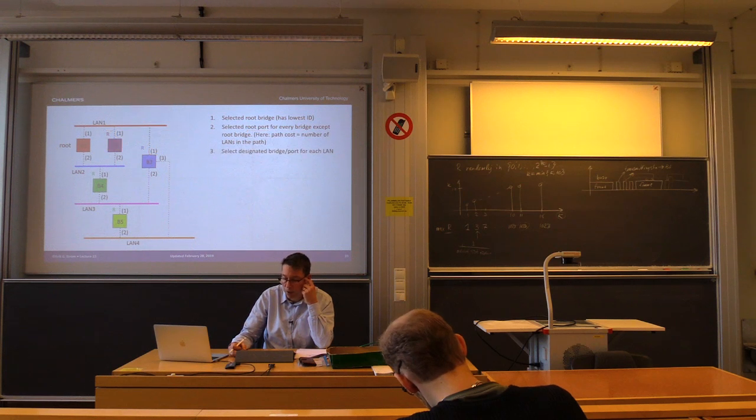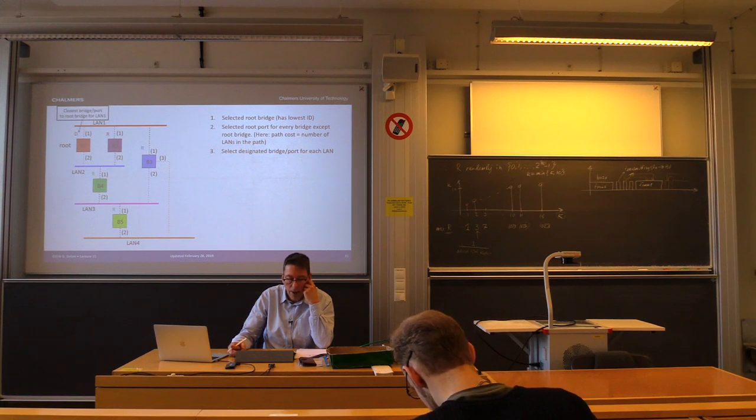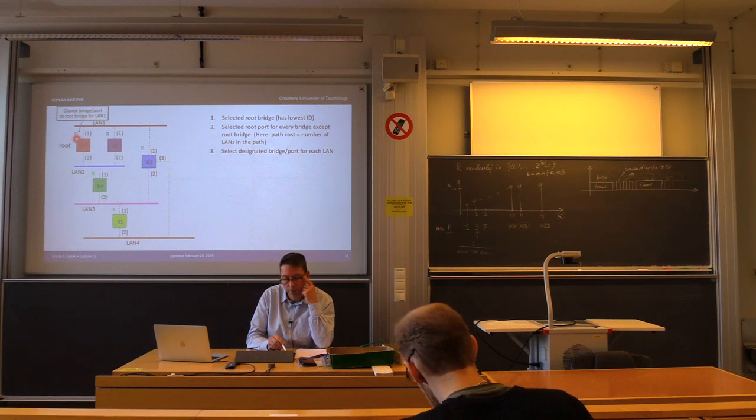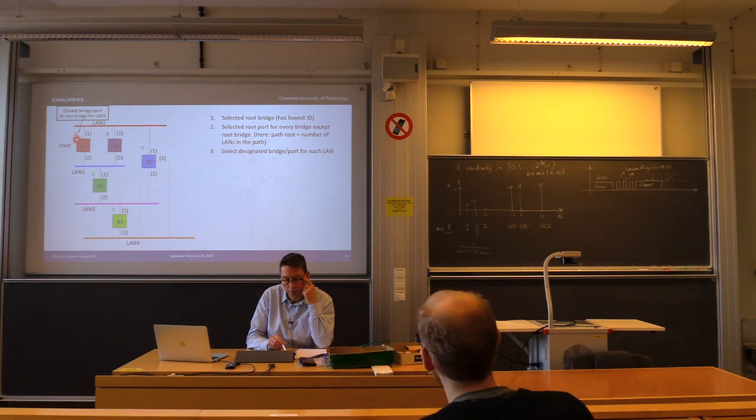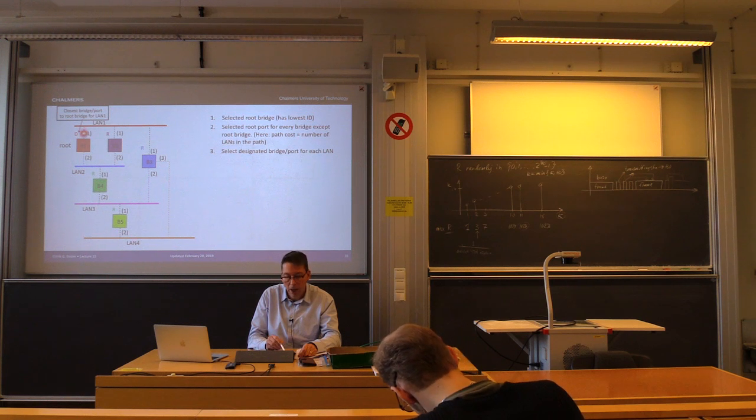Then the next step is to select a designated bridge port for each LAN. Okay. Now for the root, from the perspective of LAN 1, which is the best port to get to the root? Well, it has to be number 1, because then I'm at the root. So this becomes the designated port for LAN number 1.